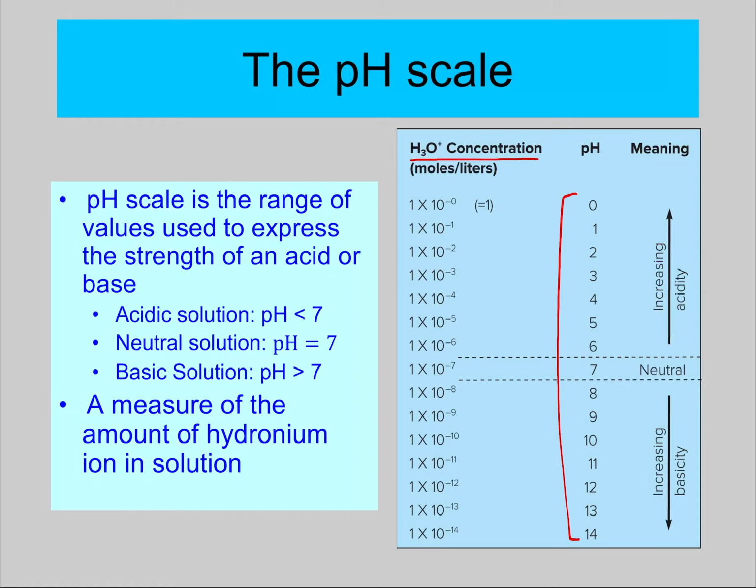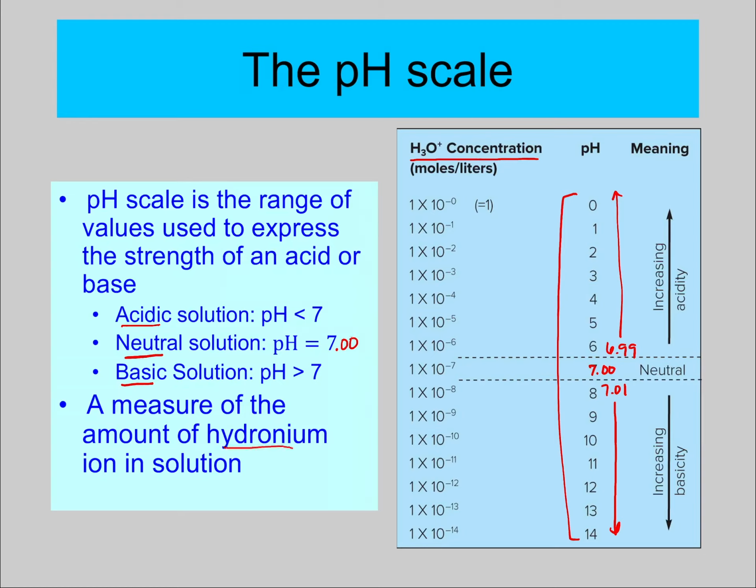When we have a pH of 0 through 6.99, that's what we're going to define as an acid. When the pH is 7.01 to 14, we're going to define that as a base. Only when the pH is 7.00 are we going to say it's neutral. It must equal 7 exactly. Everything else is acidic or basic.